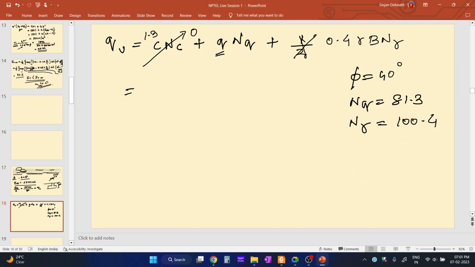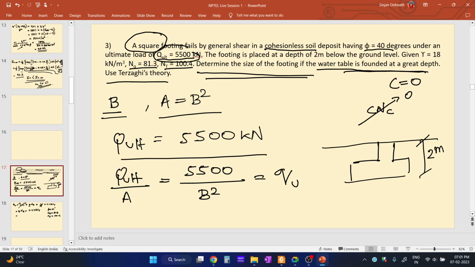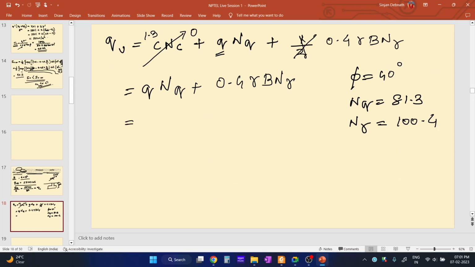So qu equals q Nq plus 0.4 gamma B N gamma. What is the unit weight of soil? Unit weight of soil is 18 kilonewton per meter cube. That is gamma.